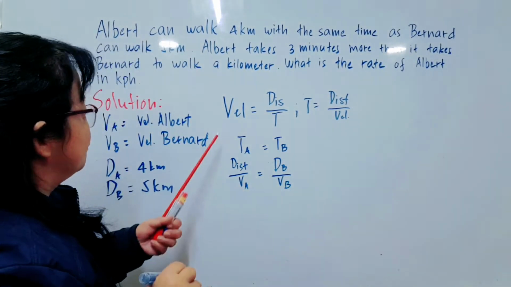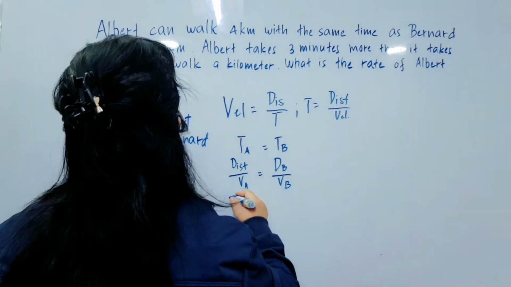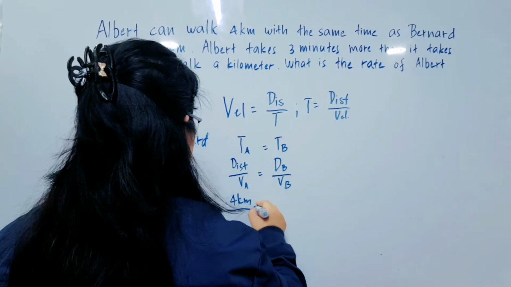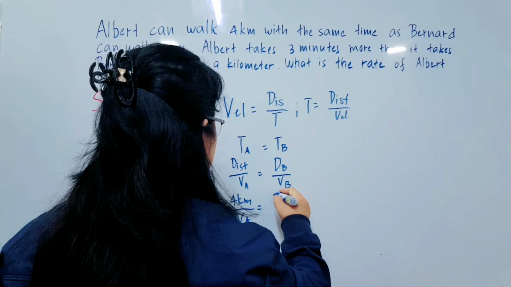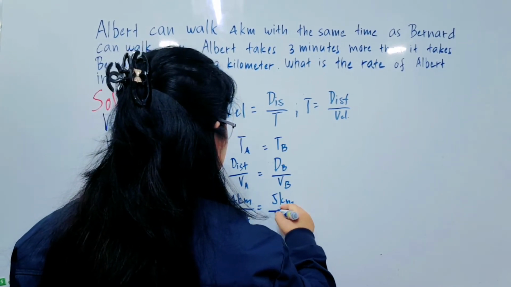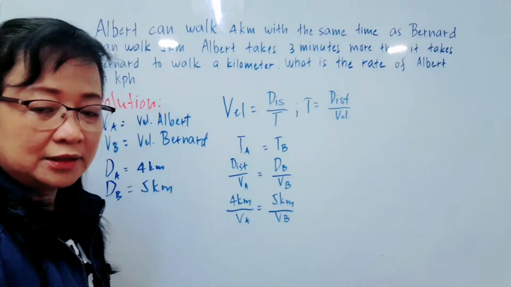Now, for Albert, he got how much? 4 kilometers over VA, and for Bernard, 5 kilometers over VB.